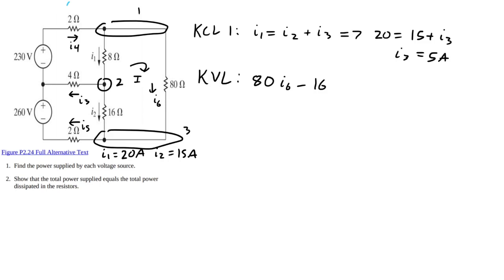So I2 is flowing opposite of it, so it's going to be minus. And so minus 16 I2, and then we're given, once again, minus, so 8 times I1. Okay, and this is all going to equal 0, so we have a closed loop.